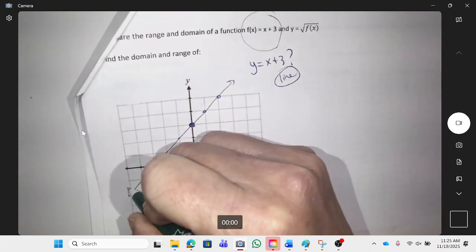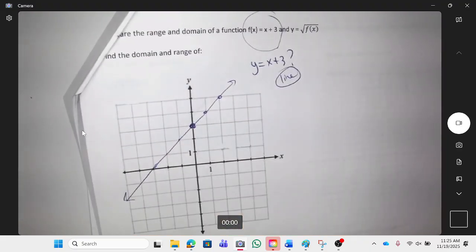Did that kind of come back to you? On your exam, if you panic, what can you always do if you don't know the features of the graph? Plug in a table of values. Just go to the side and try to do some kind of table of values. A table of values always creates points.